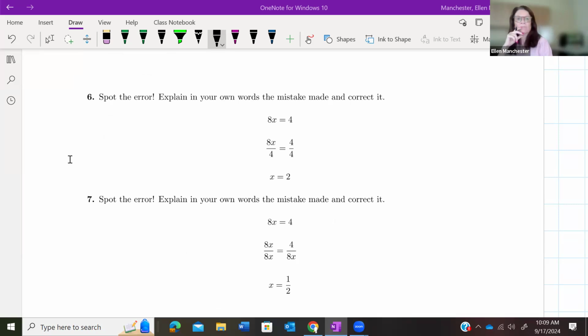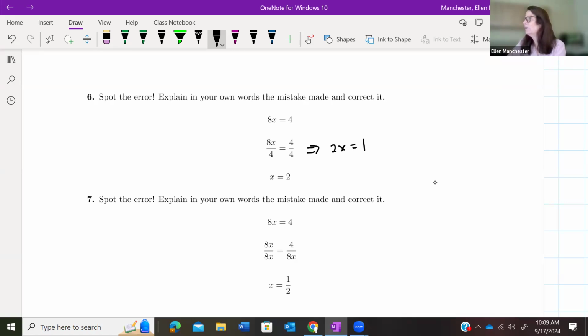Mm-hmm. Okay. And why can't I divide by 4? Exactly. If I did it this way, this would become 2x equals 1. So I haven't done anything, right? I haven't isolated that x.